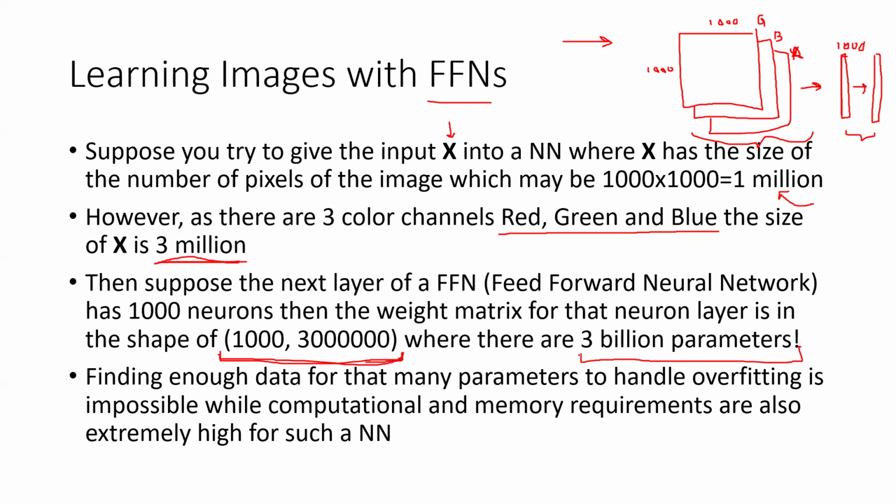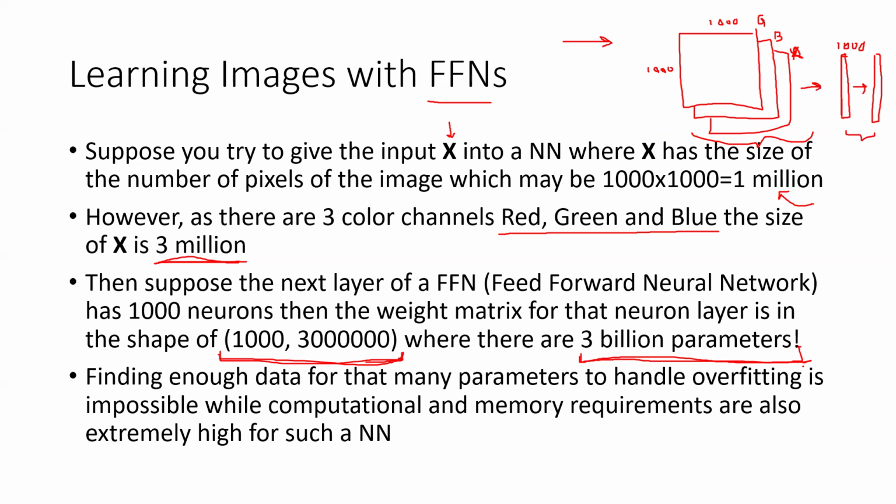So when it comes to an image data set, generally you would not have data sets that would contain 3 billion data points. To have 3 billion data points, you should have 3 billion images, but that is not possible, right?